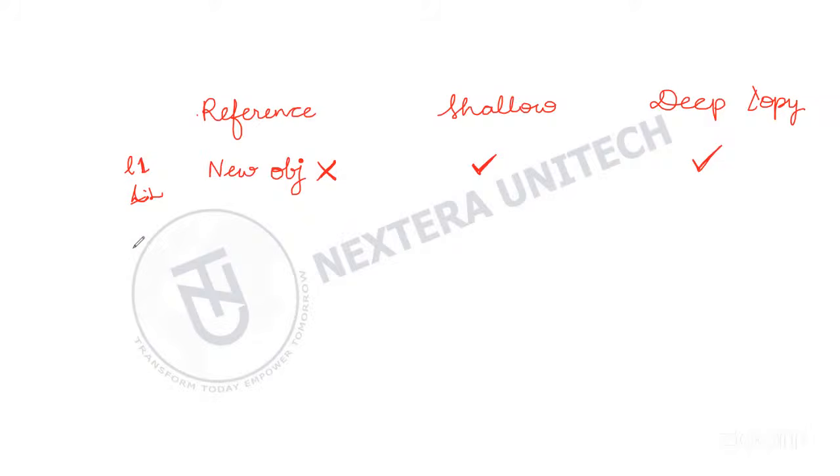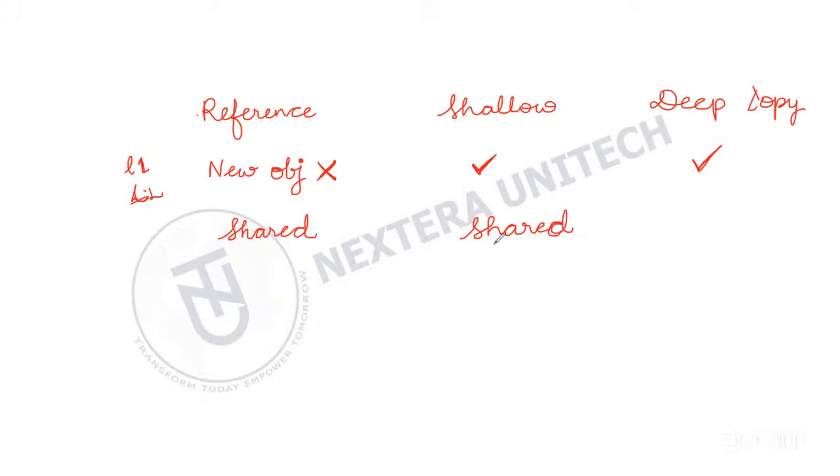When it comes to nested objects, in reference copy, the nested objects will share the same location. And in shallow copy, the nested lists also share the same location, right? Here, all the outer and inner lists will share the same location.